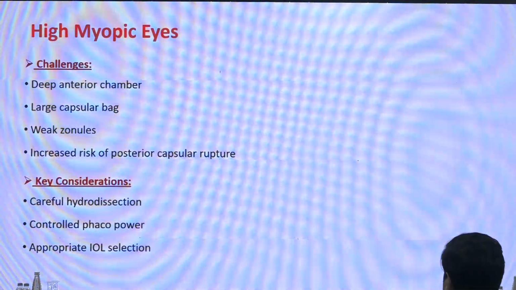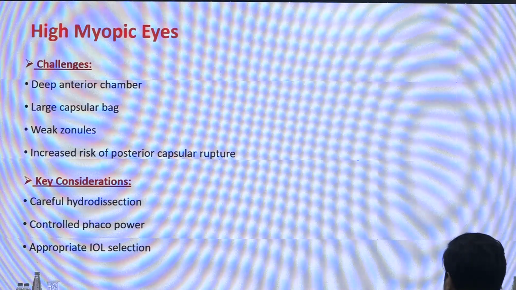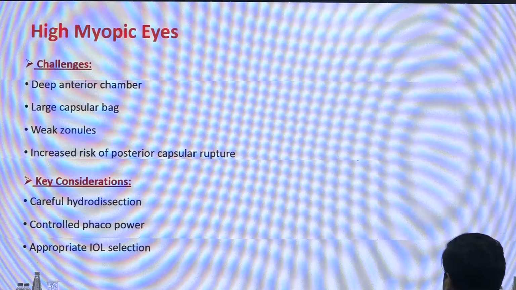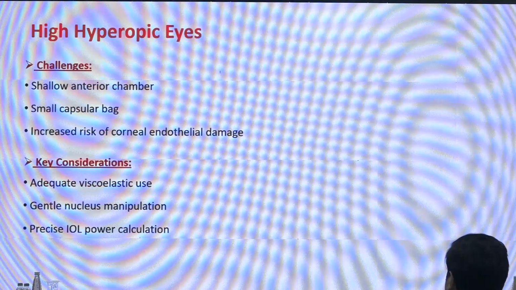High myopic eyes, the challenges are deep anterior chamber, large capsular bag, larger axial length, which challenges us in calculating the IOL power, weak zonules, incidence of LIDRS, and increased risk of posterior capsular rupture. So the points that we'll be covering are careful hydrodissection, controlled phaco power, and appropriate IOL selection and IOL power calculation.